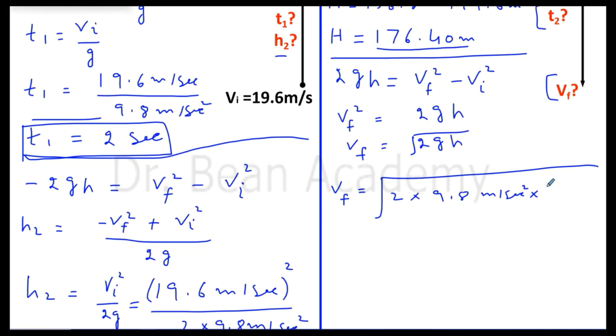So 176.40 meters. And my calculator tells me that this whole expression equals 58.80 meter per second.